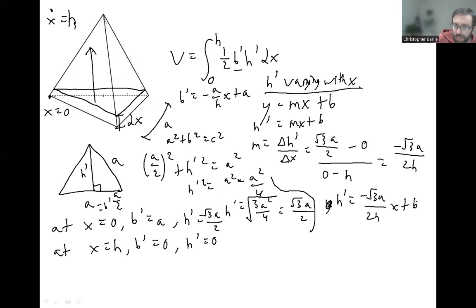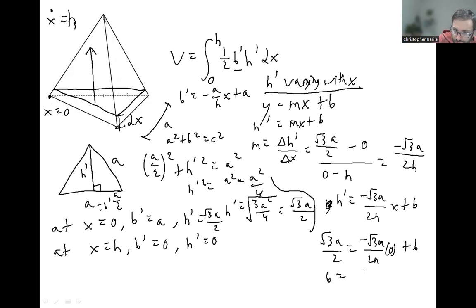So we can plug in, H prime equals, now plugging in m, our slope, x plus b. Now again, we have to solve for b, our intercept. The easiest way to do that is just to plug in for when x equals 0. And when x equals 0, H prime equals root 3a over 2 equals negative root 3a over 2h times 0. So this term is going to go away, plus b.